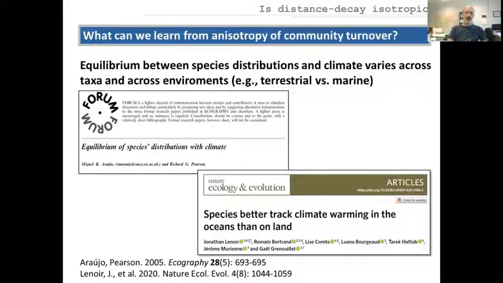Very recently, Lenoir and collaborators have shown that this degree of equilibrium between species ranges and climate is much higher in marine environments compared to terrestrial environments. So we have a huge variation in how well species and then communities would be able to track climate changes, and well, the equilibrium between species distributions and climate is so important. I think anisotropy of community turnover can affect.